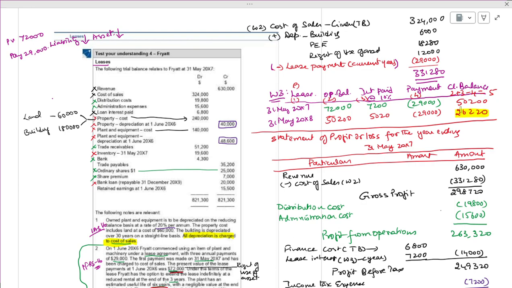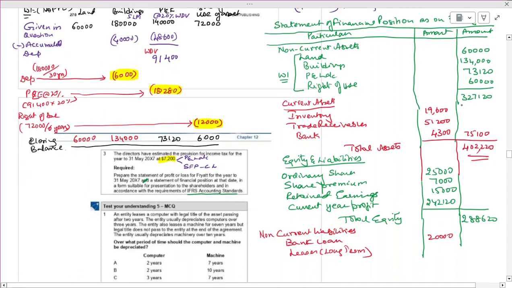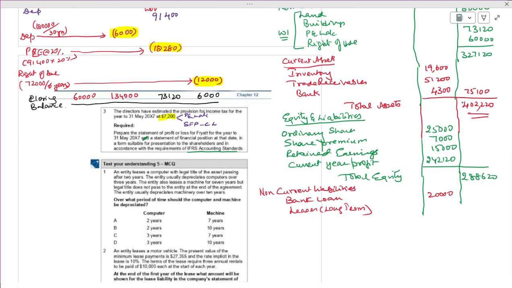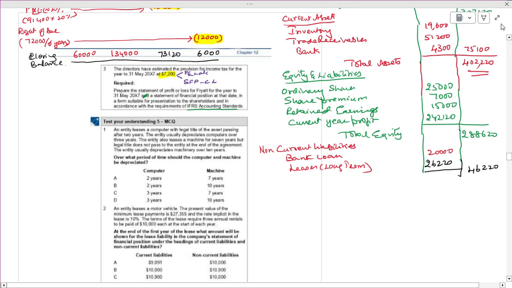Now we use the formula which we used last time, which was a little bit difficult to understand. Now I am telling you the shortcut. This is the non-current liability, 26,220. If you take the total, how much will you get? 46,220.